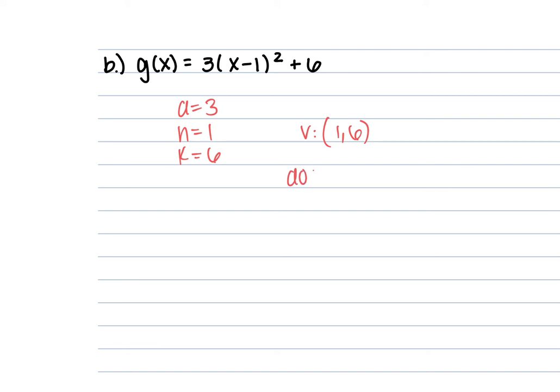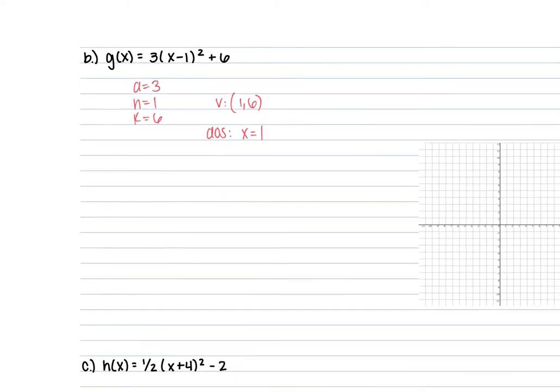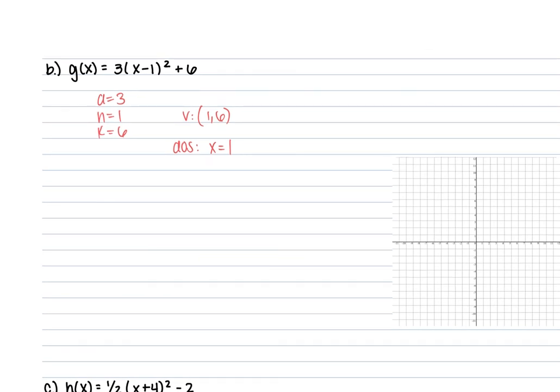Where's my axis of symmetry? X equals 1. Okay? So let's put that on our graph. 1, 6. And an axis of symmetry of x equals 1. Okay, guys. What will a equal 3 do? What kind of transformation will that cause? Good.